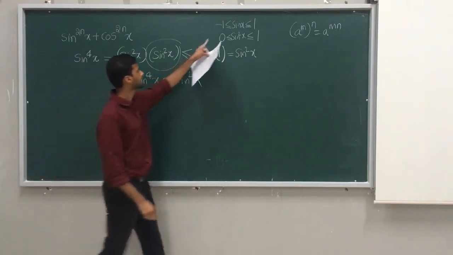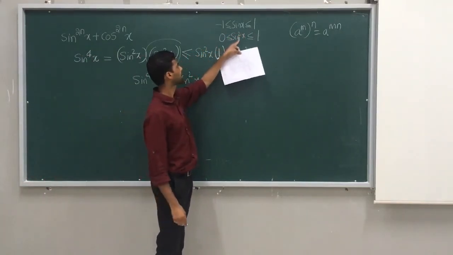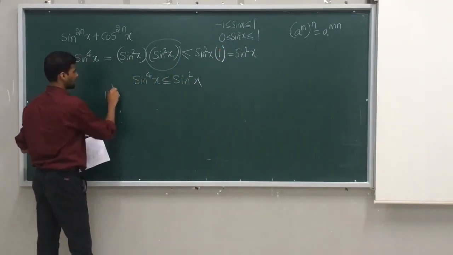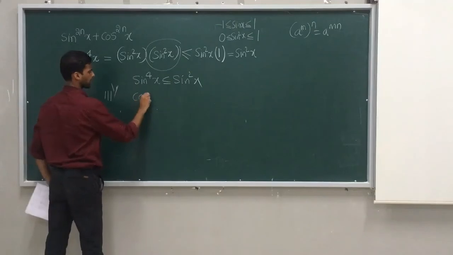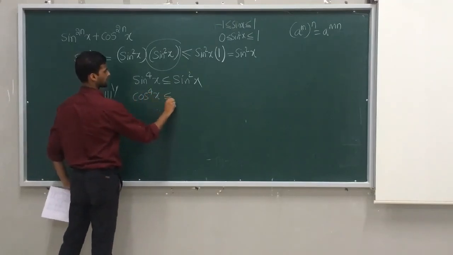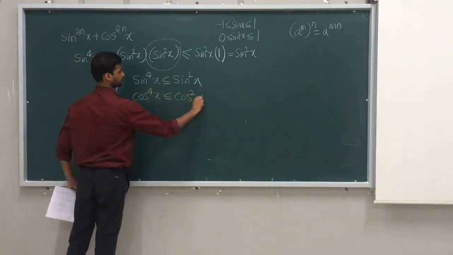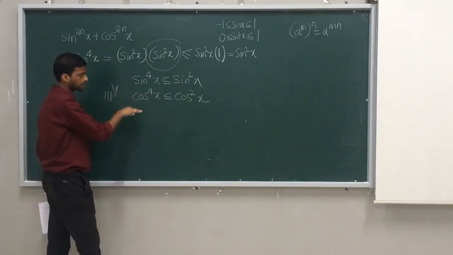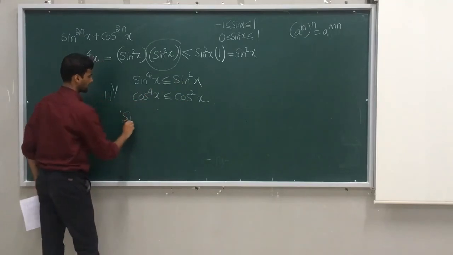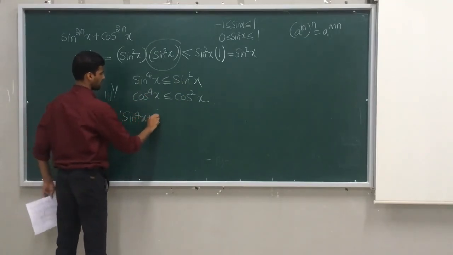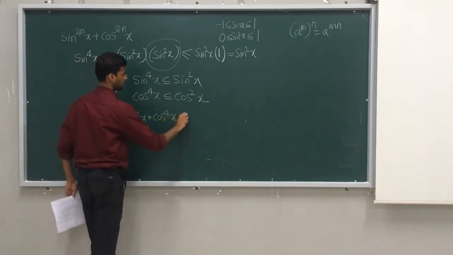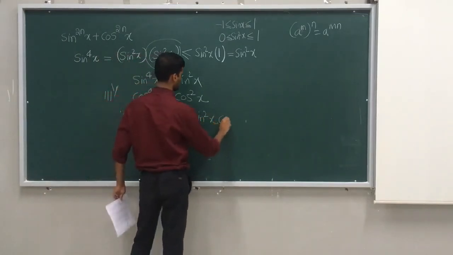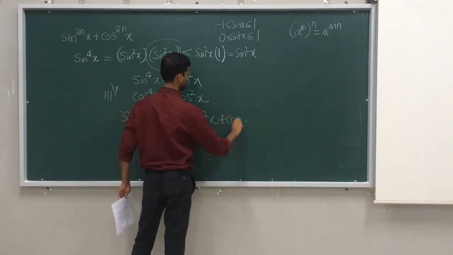Similarly, cos x lies between minus 1 and plus 1. When you take the square, it is more than 0 and less than 1. So I can say similarly, cos raised to 4x is less than or equal to cos square x. Now what to do with this? Add the left hand side as well as the right hand side. This becomes sin raised to 4x plus cos raised to 4x less than or equal to sin square x plus cos square x, right?